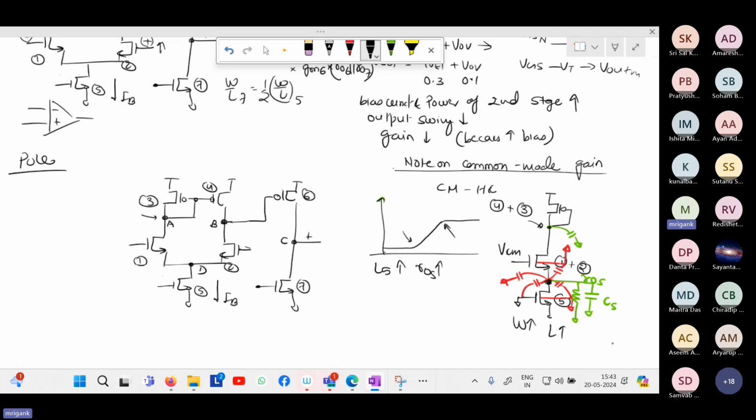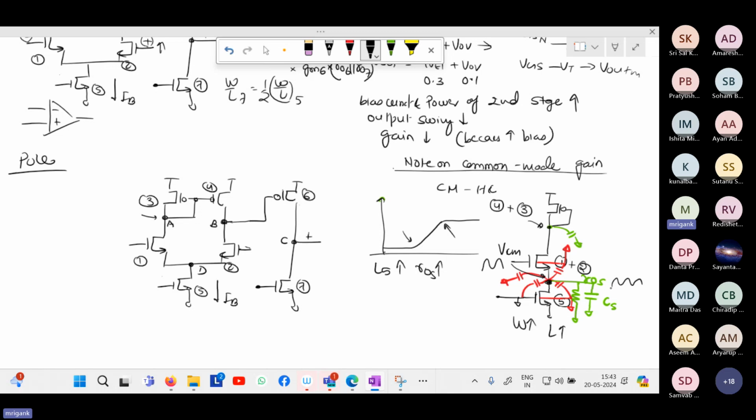Because what happens when you have the common mode signal? If you have a common mode signal here at the gate, it will pass some signal to the source. This gate voltage is anyway fixed. Effectively, the common mode signal leads to a signal change at the source.